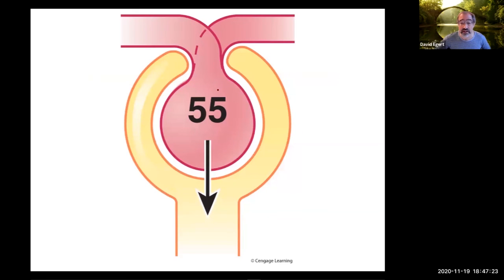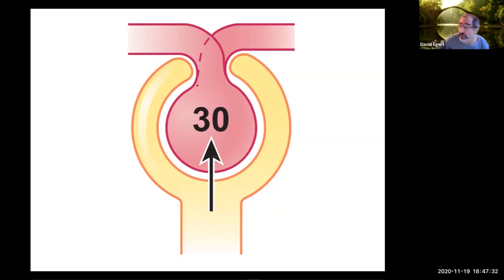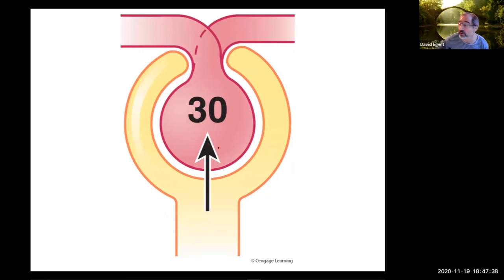Again, this is talking about net filtration pressure. 55 millimeters of mercury is the hydrostatic pressure of your blood coming in, but you've got about 30 millimeters of mercury osmotic pressure pushing back against that.